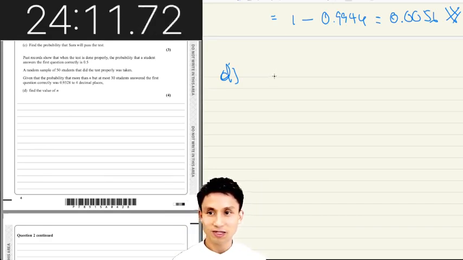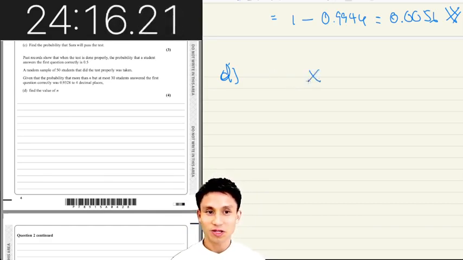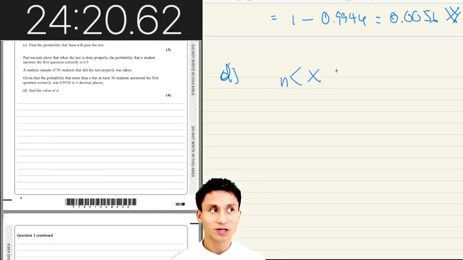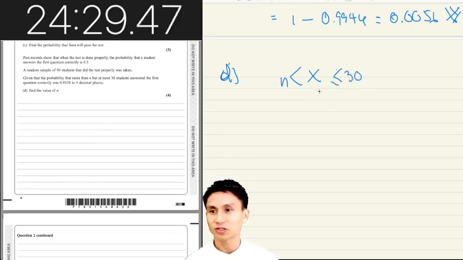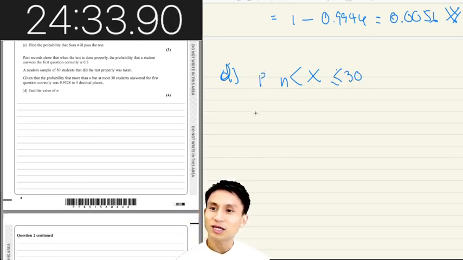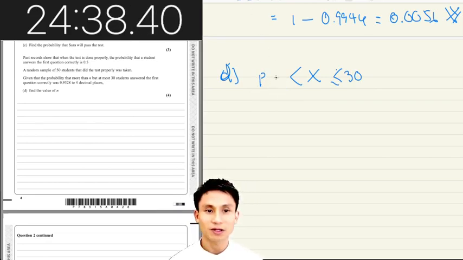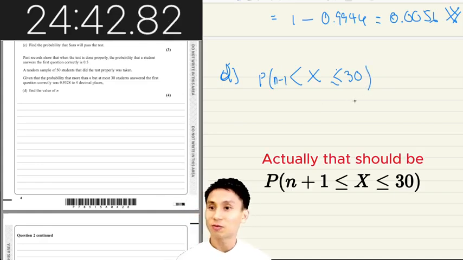So this is part D now. Given that the probability that more than n but at most 30 students answered the first question correctly was that. So this is basically P, but since it says more than n, we have to go less than that by 1, so that's n minus 1 there to the left. So we need this probability.